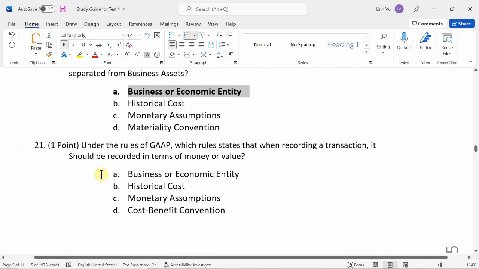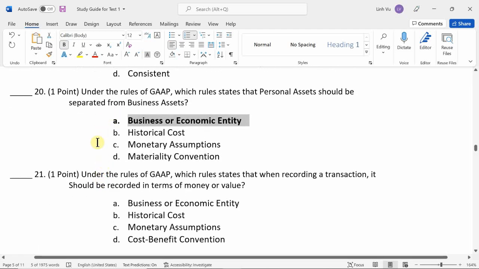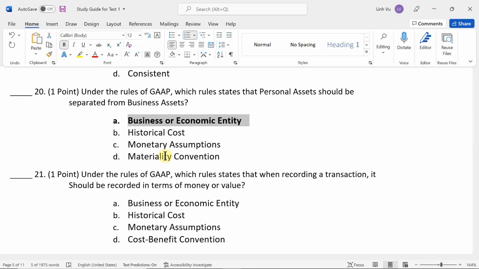Good. So again, I can ask you questions that could include, for example, materiality. That's a convention. I can ask you that, but you have to remember, I'm not going to test you on it. So that could be a way for you to say, okay, D is eliminated for sure.